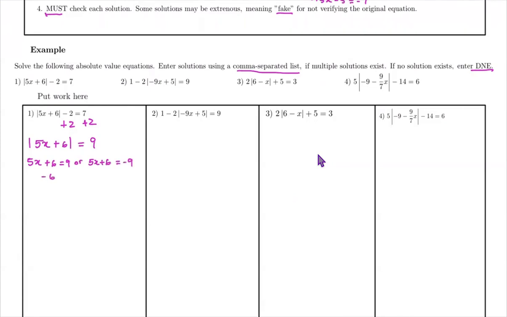Then we can subtract 6 on both sides for both equations, and then we'll get 5x equals 3, or 5x equals negative 15. If we divide by 5, we get x by itself.